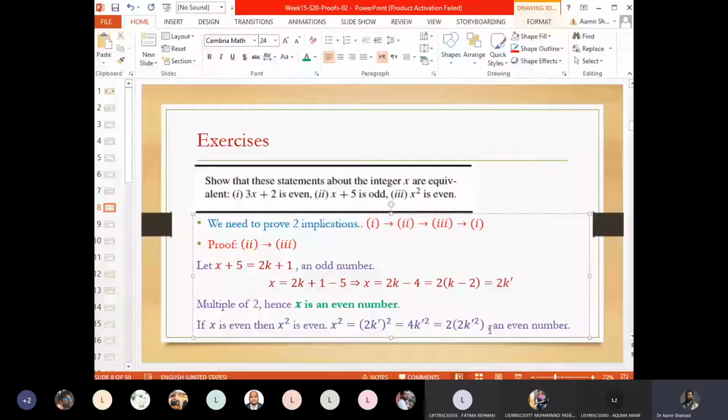So it's a multiple of 2, 2 times something, so it's an even number. So x square is an even number. So our implication 2 implies 3 is proven: if x plus 5 is odd, then x square is even.